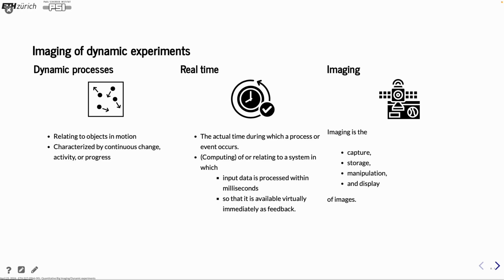In computing, there is a definition that input data should be processed within milliseconds, and it should be a virtually immediate feedback. But it doesn't really have to be that when you're talking about experiments. If you have a process that goes over years, you don't have to measure with millisecond precision. Then it's sufficient to measure on that time scale. The last part is the imaging, where we have the capture, storage, manipulation, and display of the data. And all that together is what we are going to work with.